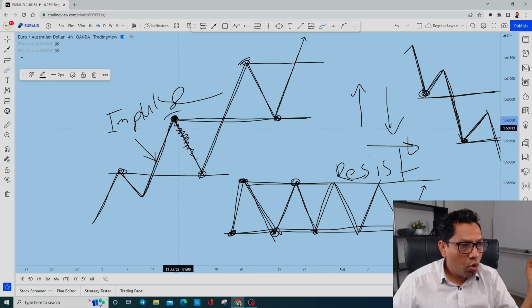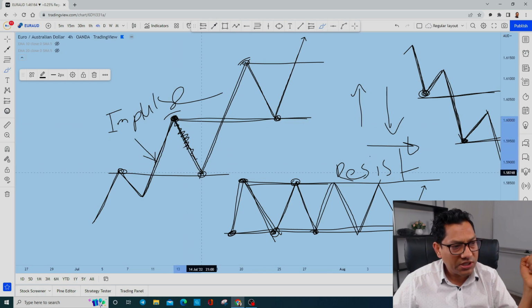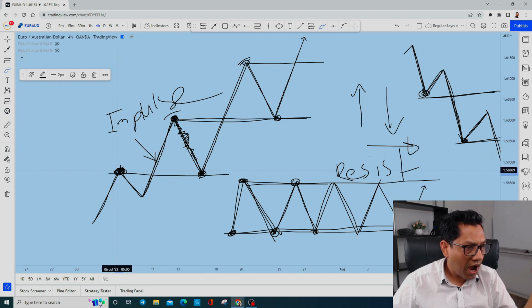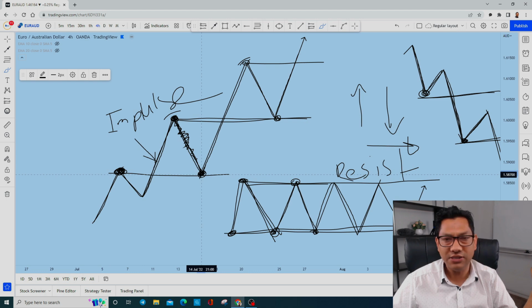In that pullback, in most cases, we could see that the market tested the previous resistance as a support, and we see the market is going up from here. That means that when the pullback happened, the price retraced back to this previous swing high and turned it into a support.